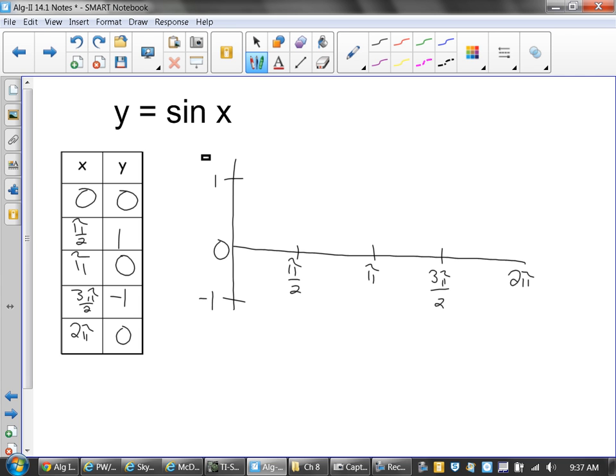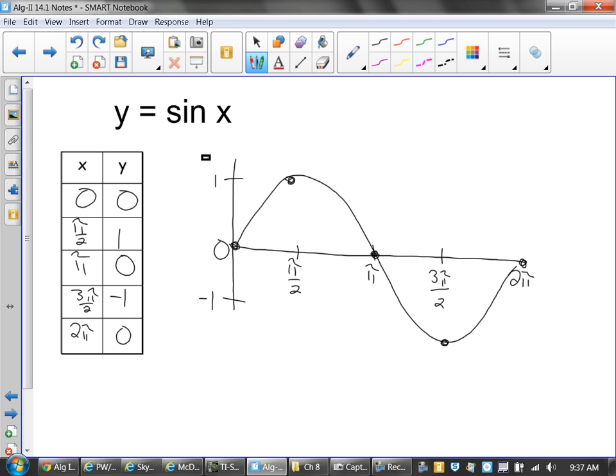And like I said earlier, you just wind up plotting these simple 5 points. And there's your curve. That's a sine curve. It starts at 0, raises up to the amplitude, goes back to 0, goes down to the opposite of the amplitude, and goes back up to 0.